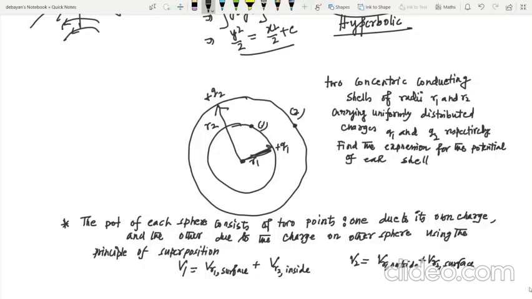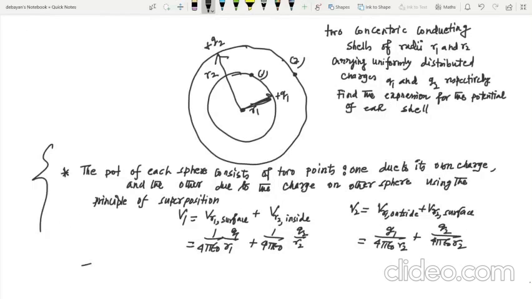Now the thing is that if the question comes like this: it is given that the inner cell has charge plus q, and the outer cell is earthed.